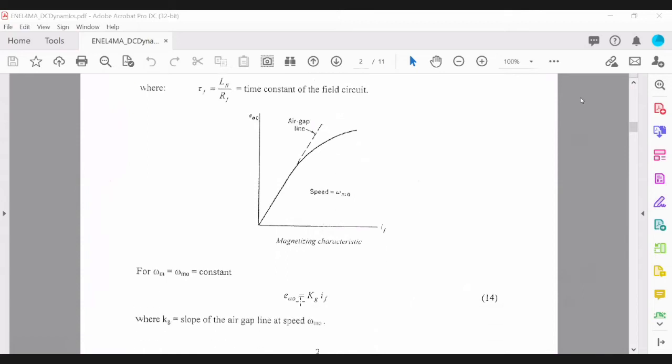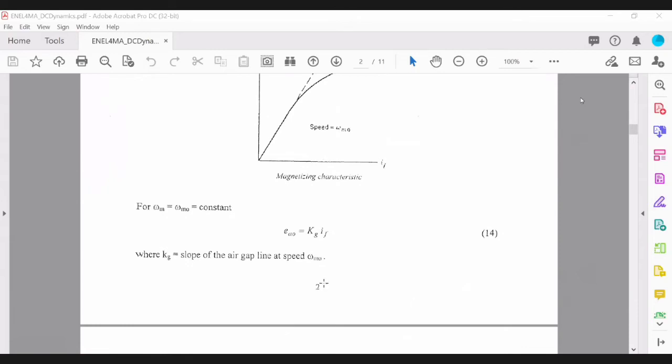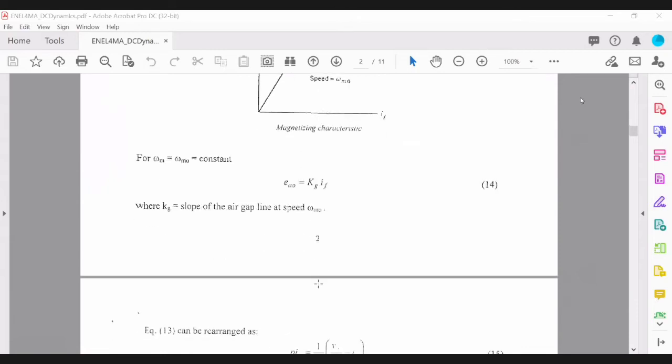So for constant speed, omega m equal to omega naught, you end up with the induced voltage EA naught being proportional to the field current. So you'll have a constant times the field current, where Kg is the slope of the air gap line at constant speed omega m naught.